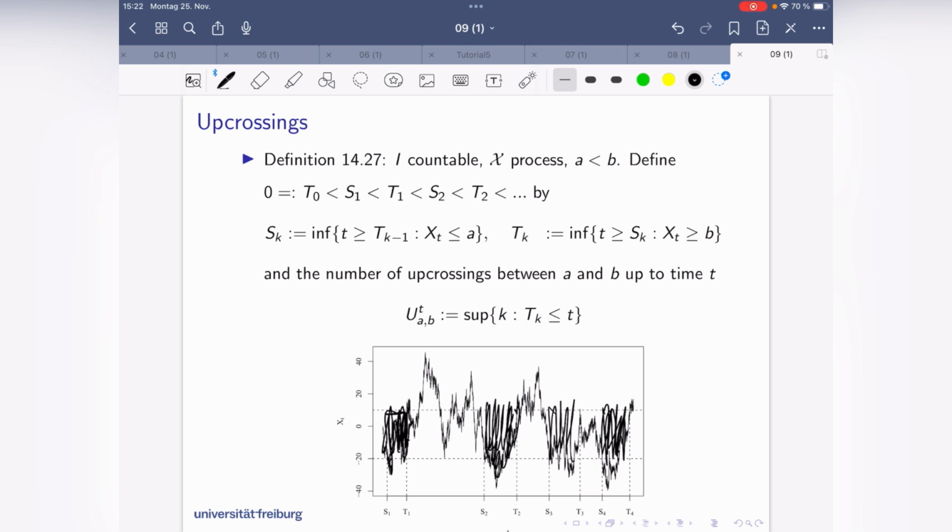And U_{a,b}^T here is the number of finished upcrossings between a and b up to time T. Here I define this formally. The S_k are the first times of the upcrossings, and they are done by time capital T, and so on.